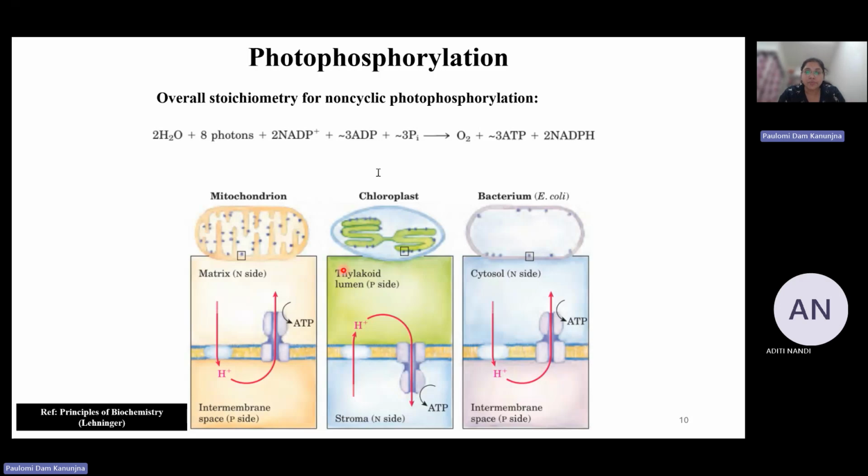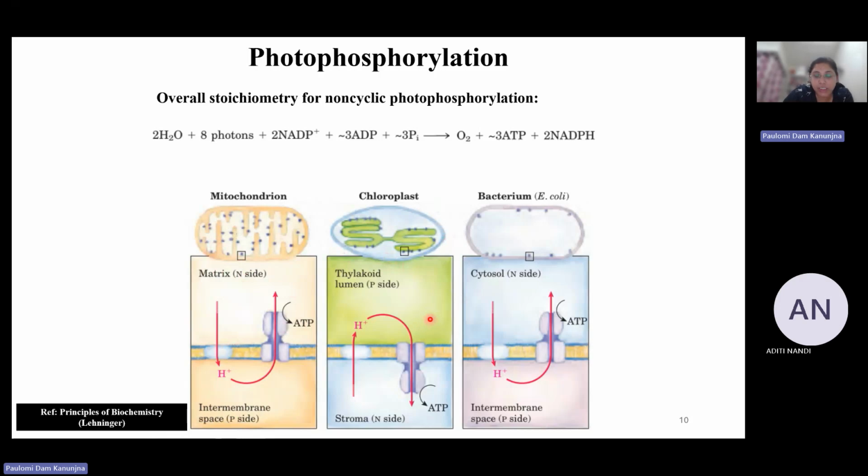Now, as you can see here, this is the mitochondria that we have already discussed in the previous session. So you have protons going from the N side to the P side. Let's first look into the movement of protons. In mitochondria, you have the matrix as the N side and the intermembrane space as the P side. Protons move from the N side to the P side.